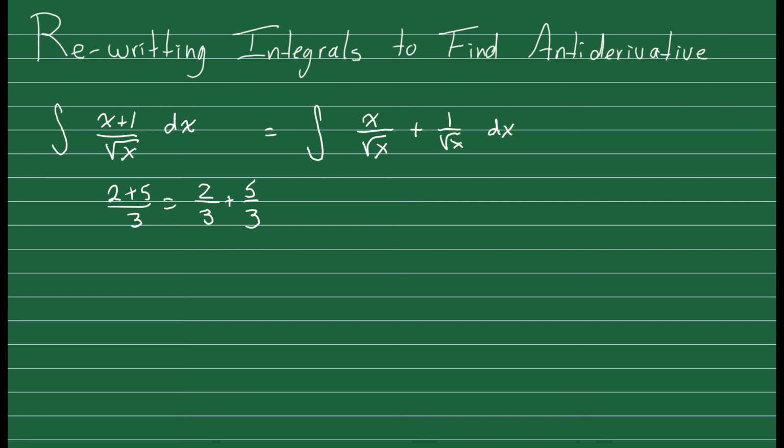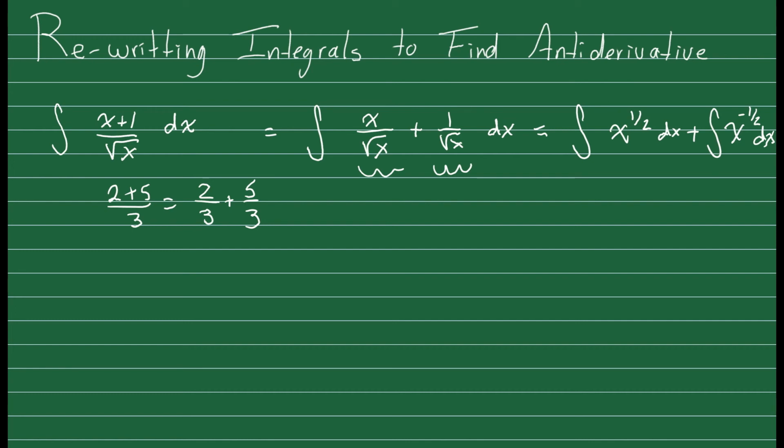Now this can be rewritten as the two integrals separated. So this is the integral of, well, x over square root of x is x over x to the 1/2, so we're left with x to the 1/2 dx, plus, well, we can just bring the square root of x to the top and make it the integral of x to the negative 1/2 dx.